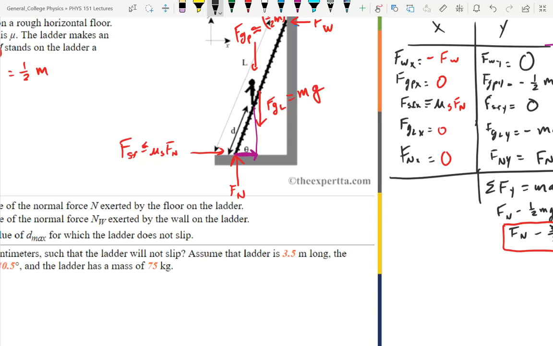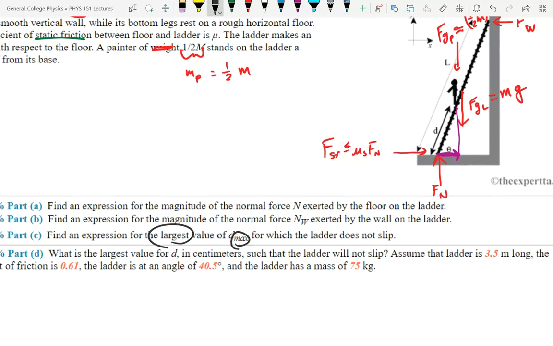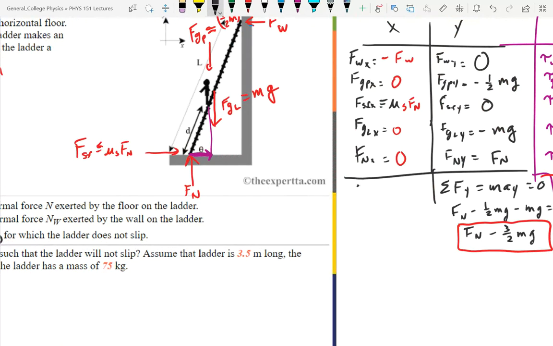Changing it because of the word, well, it says largest here, or D max. So in that case, I want to not slide. So my acceleration in the x direction is still going to be 0 if it doesn't slide. Once it slides, it's not 0. Once again, limiting case. And then reading down, I have mu s force normal minus force wall equals 0.